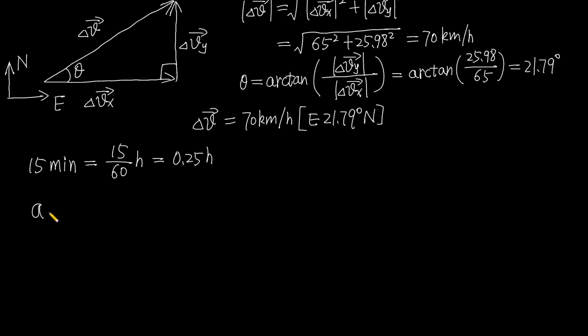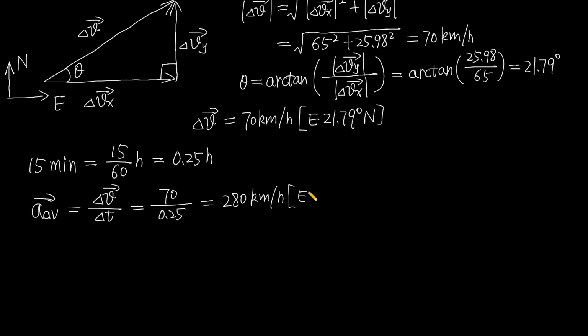The average acceleration just equals the change of the velocity over the time interval, which is 70 over 0.25, and this equals 280 kilometers per hour squared, and the direction is the same as the change of the velocity. It's east, 21.79 degrees toward north.